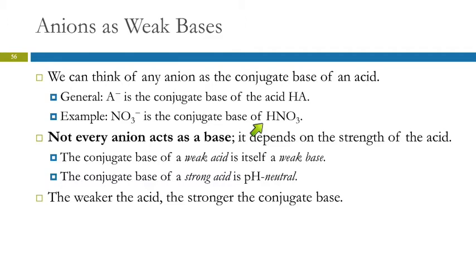But not every anion acts as a base. We can think of it as a conjugate base, but it may not actually have any base qualities. It may not make the solution basic. It depends on the strength of the acid that it is the conjugate base of. If the conjugate base is related to a weak acid, then it will be a weak base. If it's the conjugate base of a strong acid, then it's pH neutral. It's not going to have any effect.